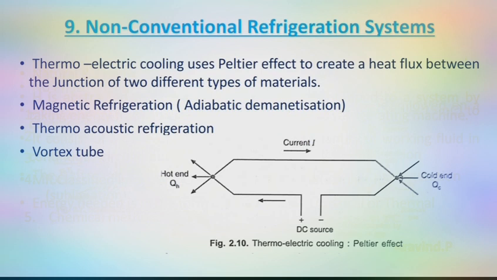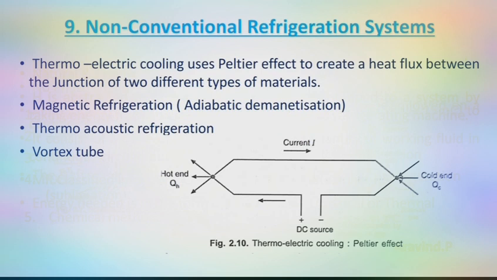One junction gets heated and another gets cooled. The cold junction is located inside the space to be cooled and the warm junction is outside in the surroundings. The hot and cold junctions are reversed when the direction of current flow changes.